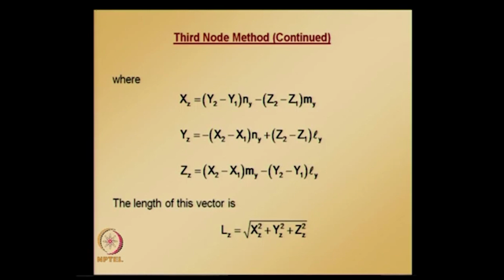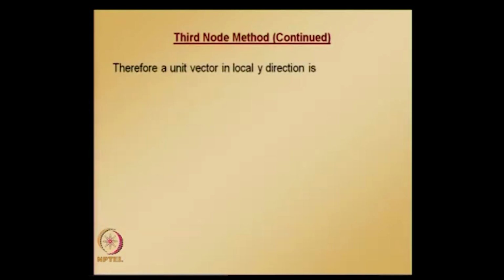When we normalize this vector which is along the local z axis with its length, we are going to get the unit vector in the local, there is a typing mistake there, it should be in the local z direction. The unit vector in the local z direction is given by this.